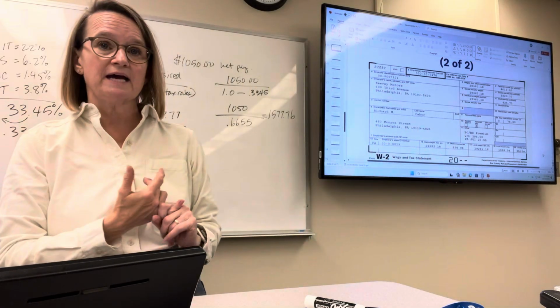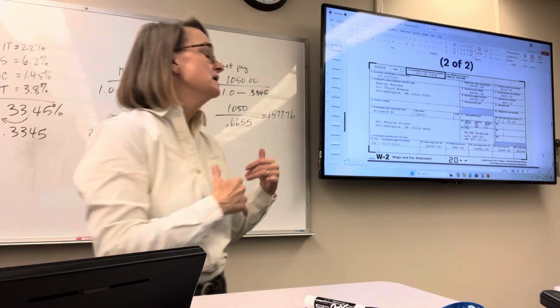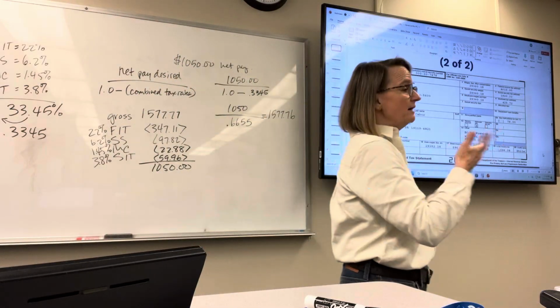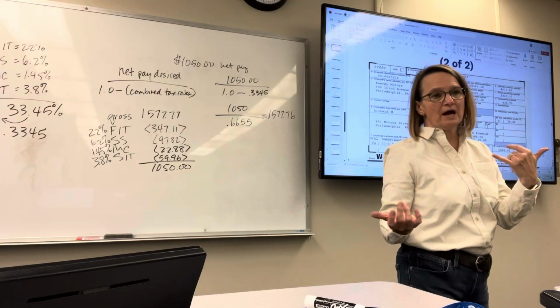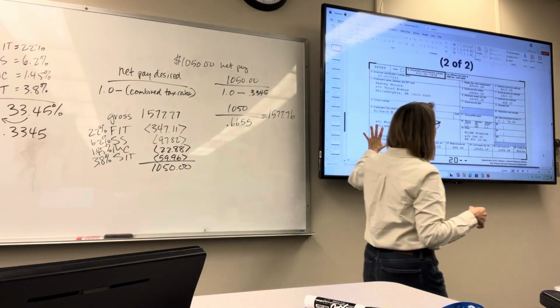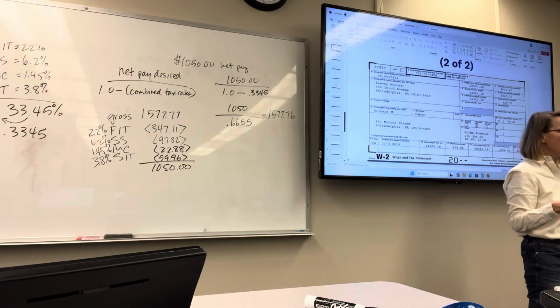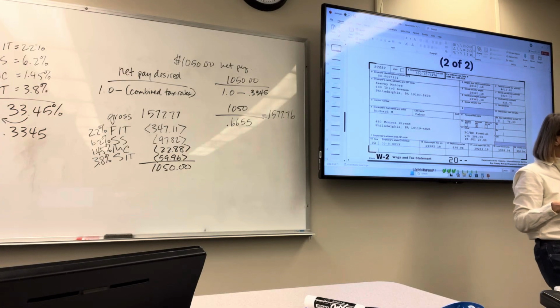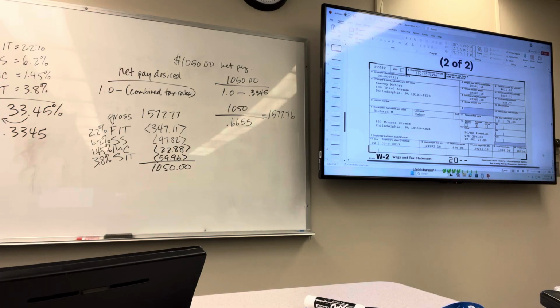So if you were sending one into the IRS and one into the state, you'd have 2 copies, and then you'd want to keep a copy for yourself as the employee. But the information contained on the W-2s is consistent regardless of the format that's used. There is no real standardized format other than it has to contain this information.